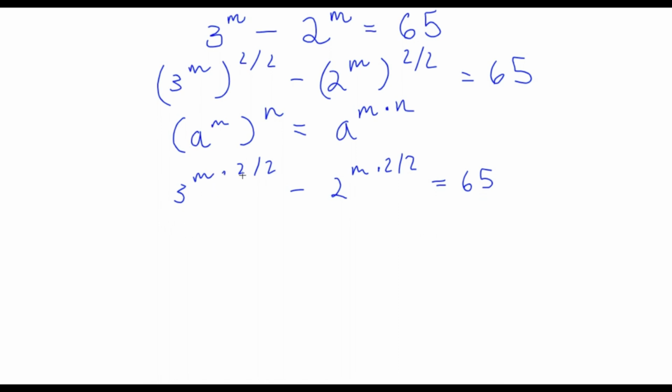Now, 2 over 2, this is the same thing as 1 over 2 times 2. So I'm going to rewrite 2 over 2 as 1 over 2 times 2 for both of them. And remember, if we have something in the form a to the power of m times n, this is equal to a to the power of m to the power of n, right? So what I'm going to do is combine m and 1/2 to make 3 to the power of m over 2 times 2.